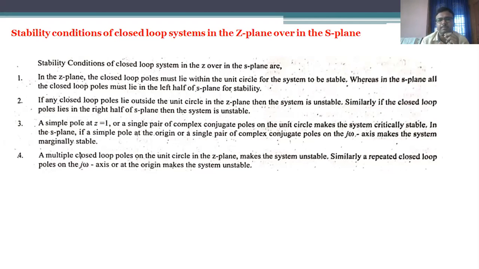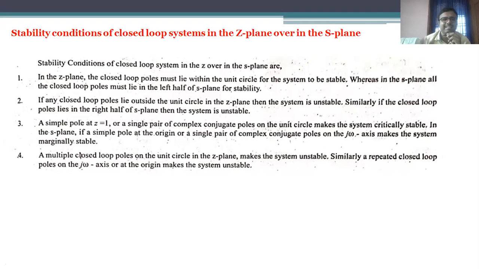Whereas in the s plane, all the poles of the closed loop transfer function must lie on the left hand side of the s plane, so that the system is called a stable system.